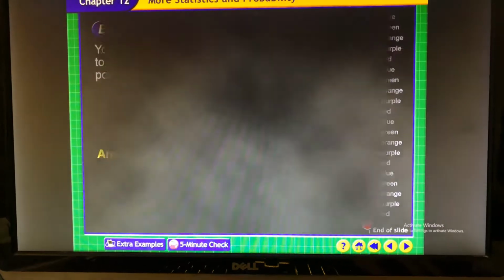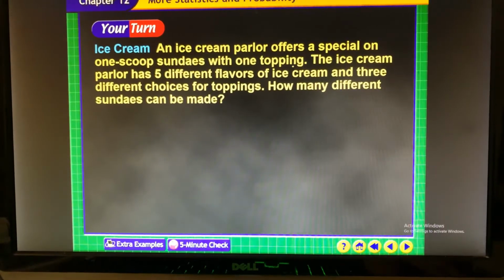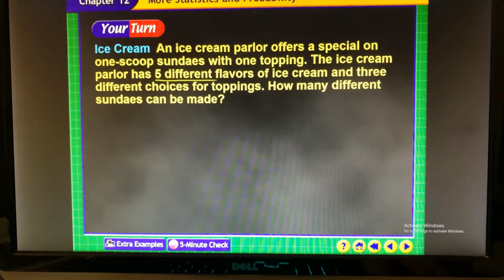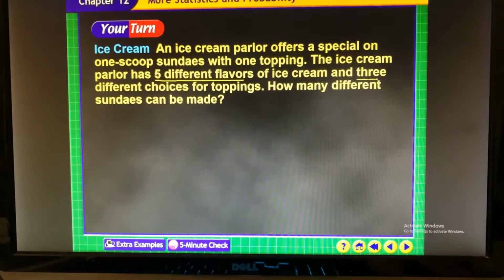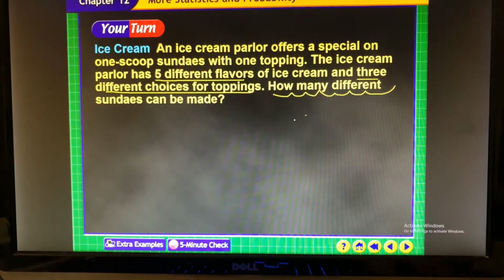So the next question. An ice cream parlor offers a special on 1 scoop sundaes with 1 topping. The ice cream parlor has 5 different flavors of ice cream and 3 different choices of toppings. How many different sundaes can you make? You're asking, how many can I make?